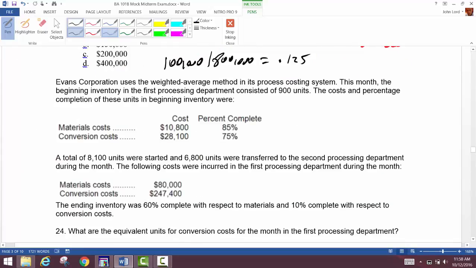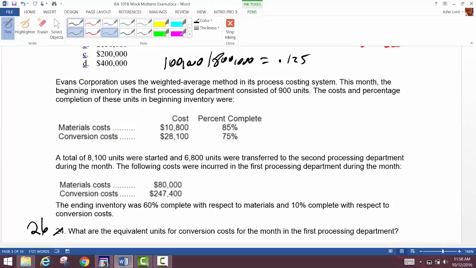Okay, now these questions got a little bit hard because the methods that I had written up here on the board didn't necessarily work for all of these, and this might be why some of these questions got a little confusing for you.